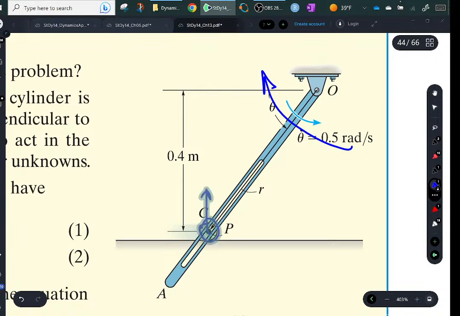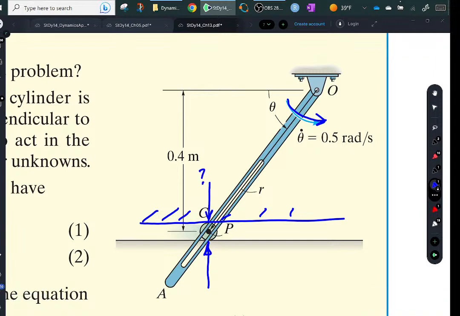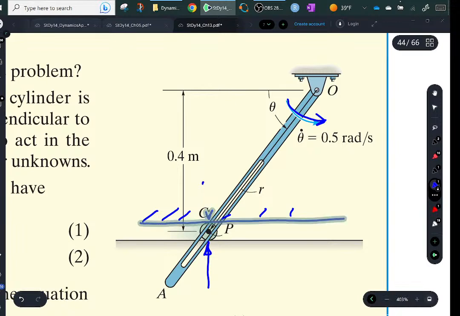It could lift. But if you had a channel like this, you would have to make an assumption that this ground is pushing this way, but if it was in a channel like this, you could assume it that way. Which one would you assume? Just assume one of them and let it give you a negative answer. So this is one where he could have added that complexity to show that.